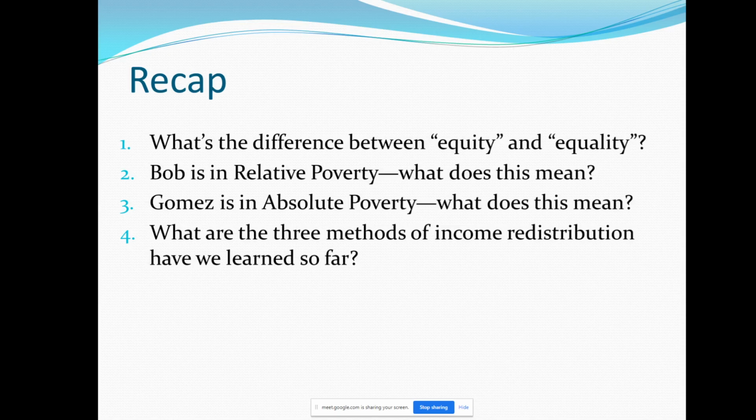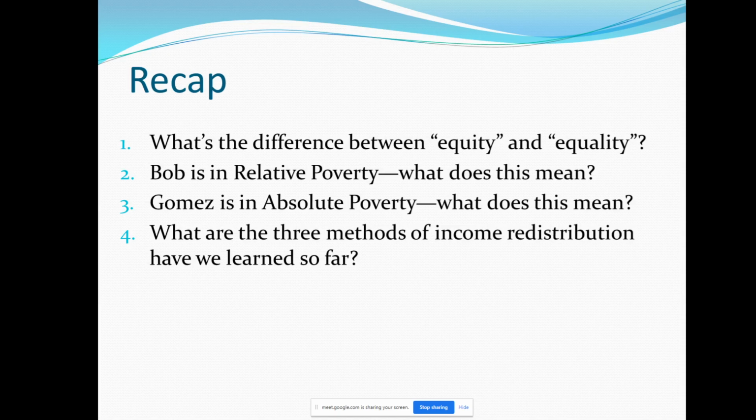In general, 50% lower, or you might make it more general: comparatively, people are poorer than the rest of the population, and they cannot enjoy a typical lifestyle. You just have to link all the points you guys have in the chat together to make up a beautiful answer. That's very good.